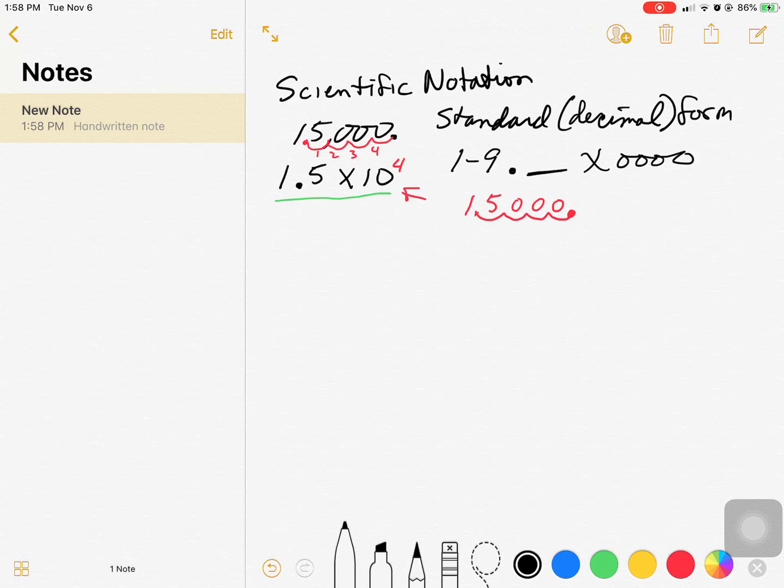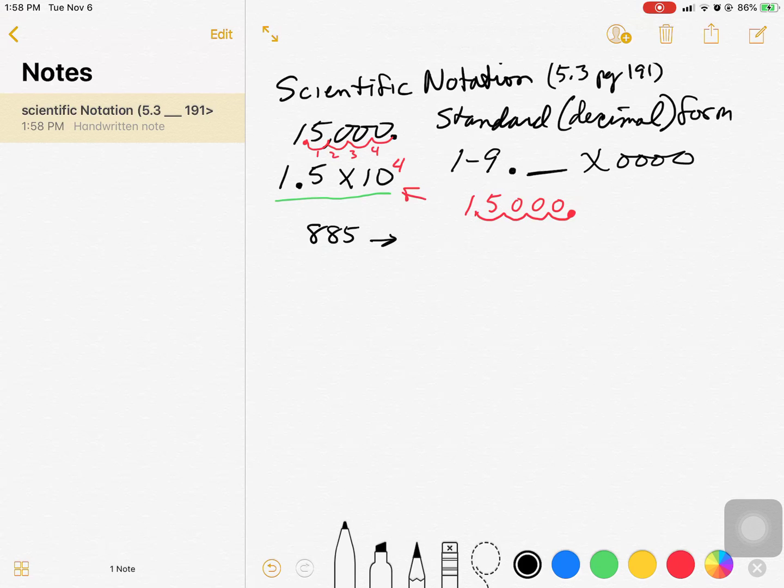Let's say we have 885. By the way, if you're in our book, it's 5.3, and this is on page 191. So let's say we have 885. That is in standard form. I need to convert it to scientific notation.